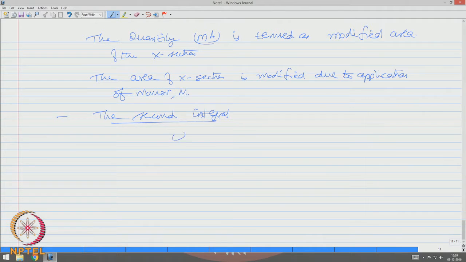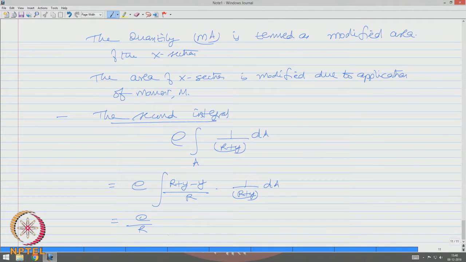The second integral is e integral of 1 by (r plus y) dA, which can be simplified as e by r integral of (r plus y minus y) by (r plus y) dA, which is e by r, integral of (r plus y) by (r plus y) dA minus integral of y dA by (r plus y), which is now eA by r, because this integral will give you the area, and the other we have already said is e by r times mA, because this is having an area dimension.